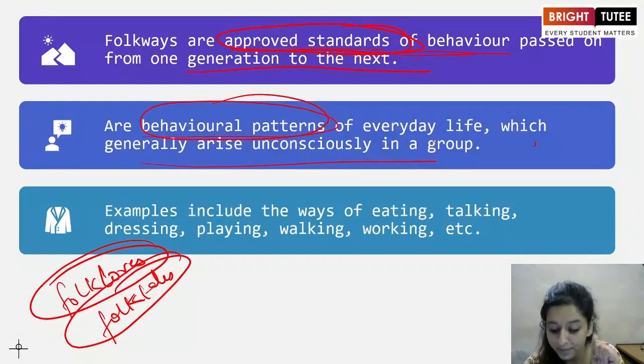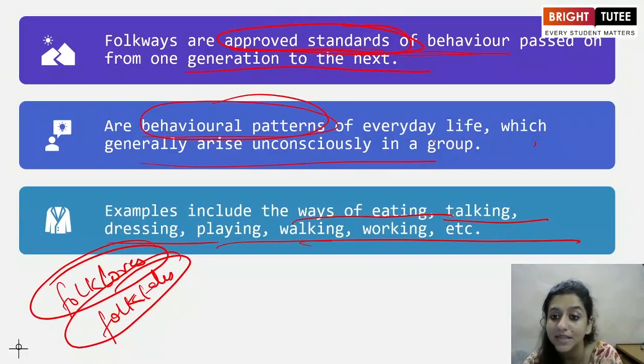For example, the ways of eating, talking, dressing, playing, walking, working, etc. All of these have certain set approved standards. The way you are supposed to eat in your particular group, in your particular society, under your particular societal norms, all of those become a part of the folkways here.